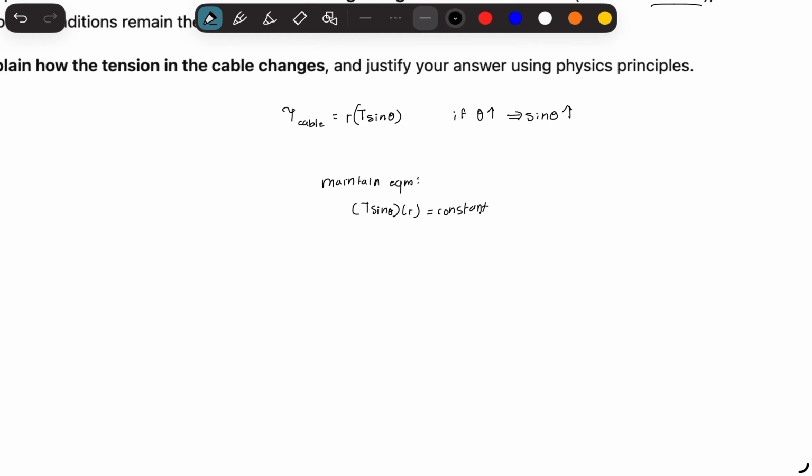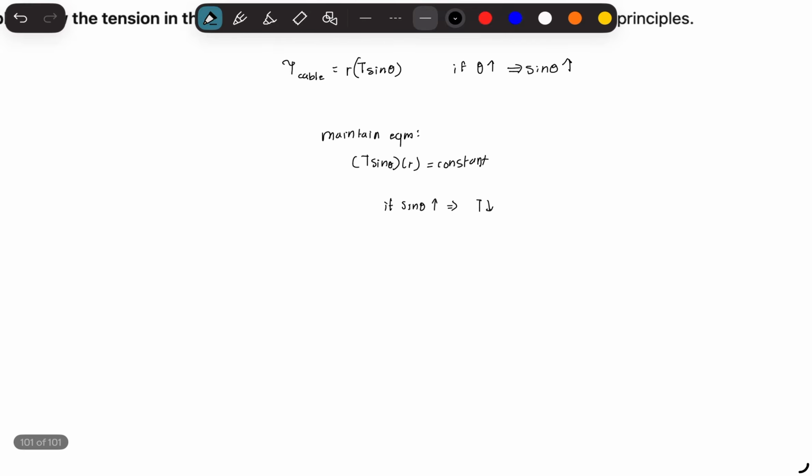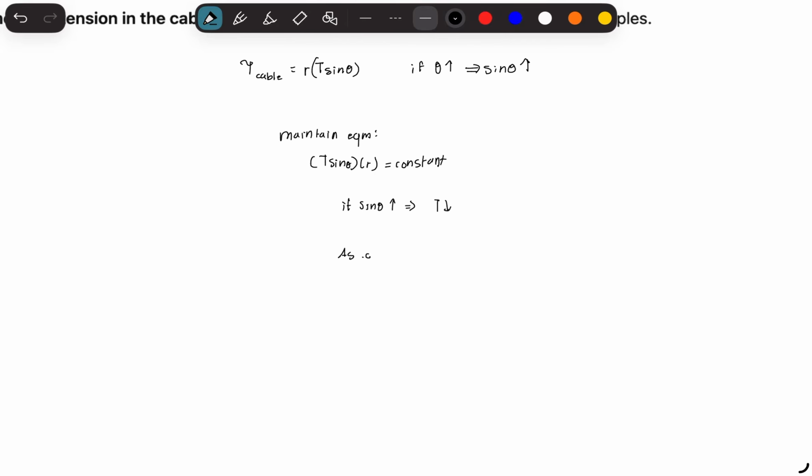If sine theta increases, T has to decrease. So as your angle becomes more vertical, your cable becomes more efficient at producing torque.